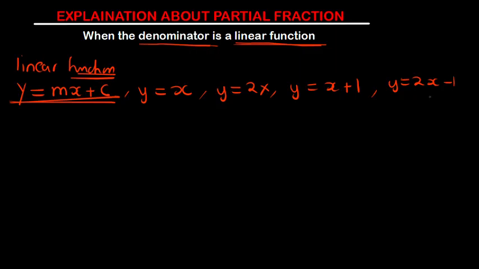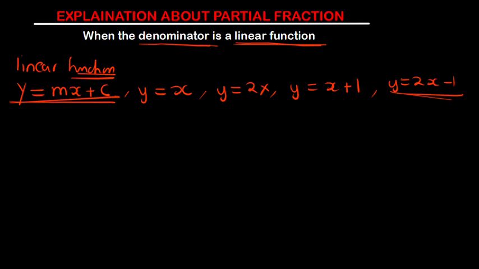So if all of these are linear functions, and we have a fraction with a linear function in the denominator, what do you do when they ask you to write it in partial fractions? A good example: you've been given a on top.